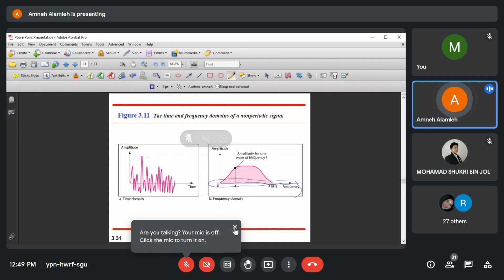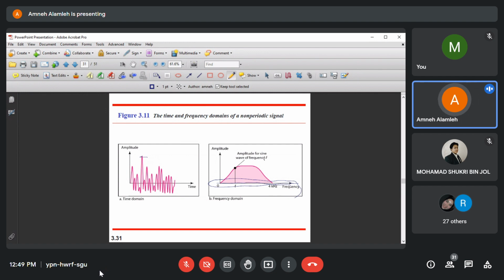So the amplitude of the sine wave of frequency F, one of these frequencies. And as you see, the frequency is different here in the non-periodic signal. This is the same representation of the signal, in the time domain on the left-hand side, and the frequency domain on the right-hand side.